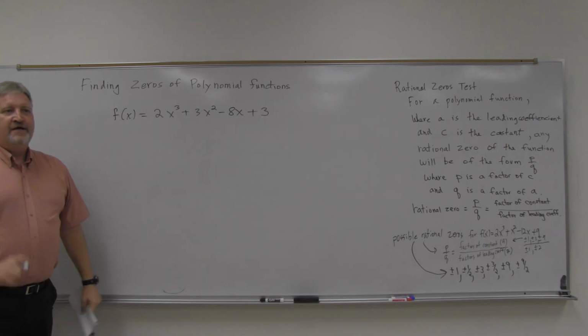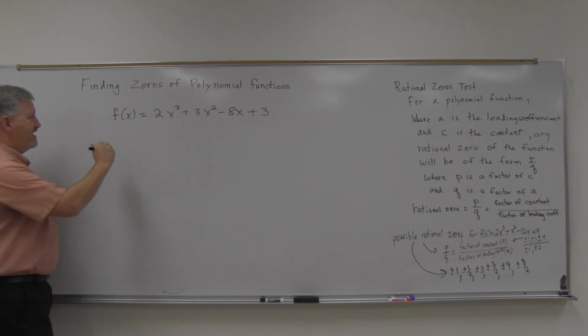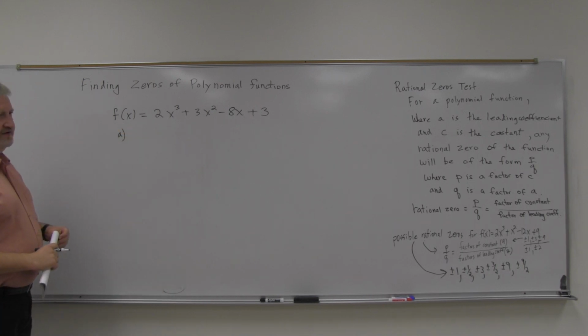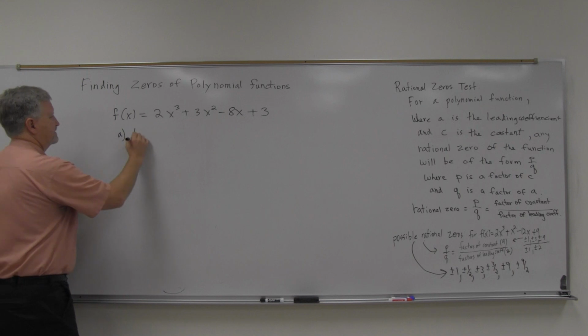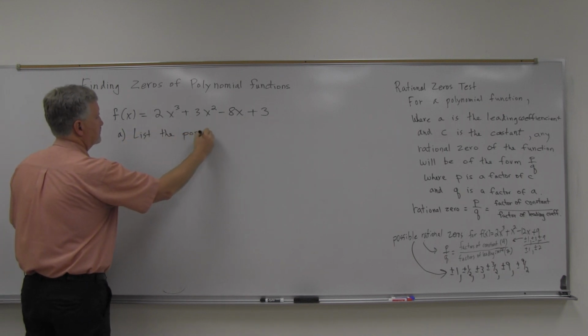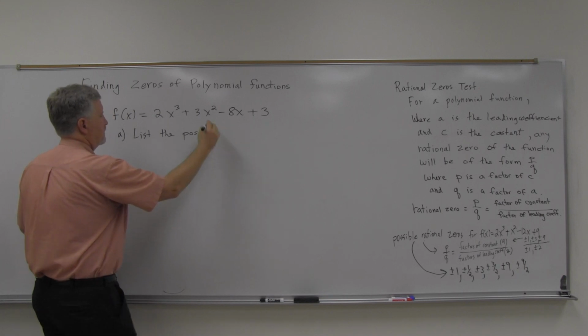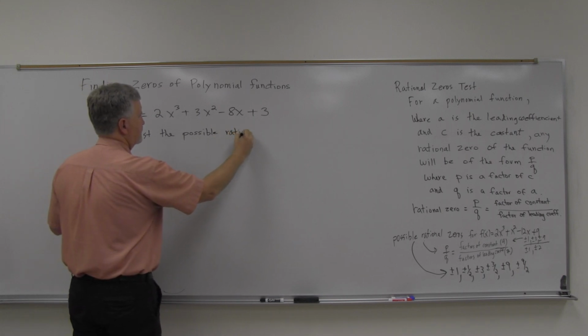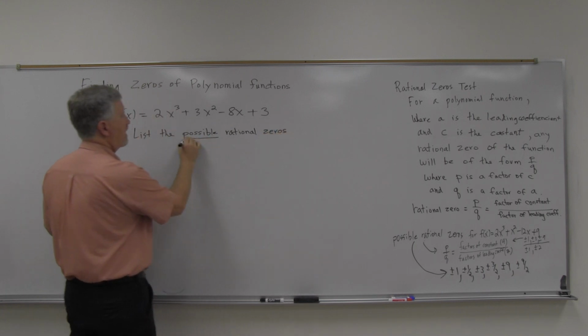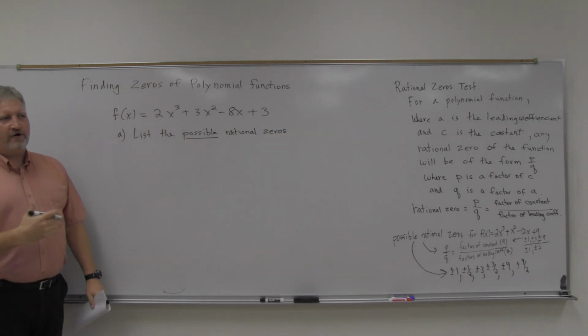All right. So a part of this, let's just list the possible rational zeros. These are just possible ones. These aren't all zeros.